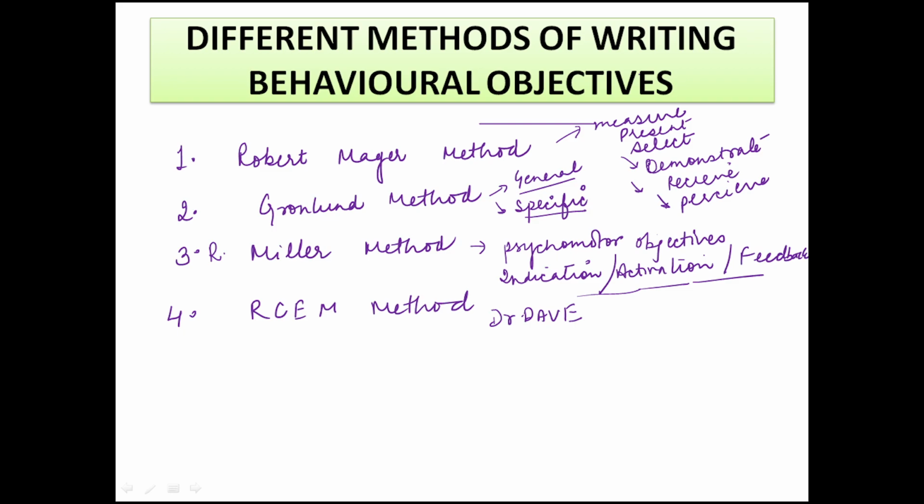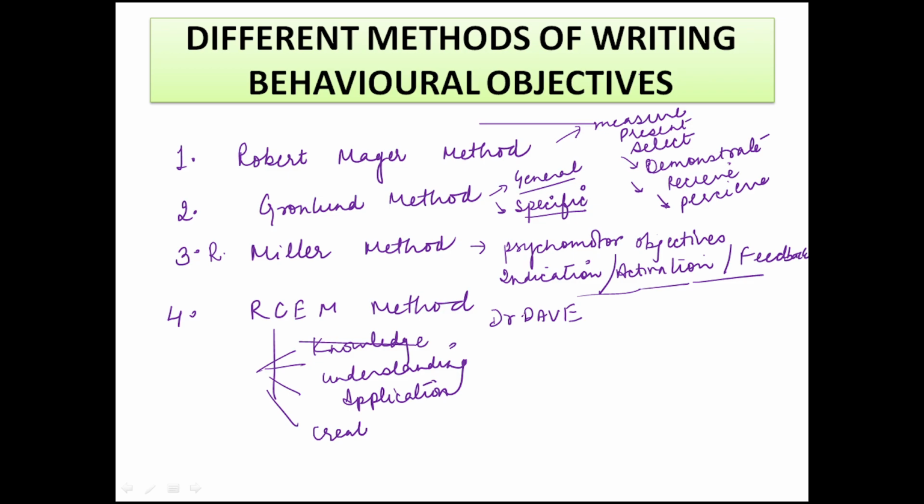It is a new Indian method, and this method basically divides the objectives into four parts: knowledge, understanding, application, covering all three domains, that is cognitive, affective and psychomotor, and the final part is creativity.